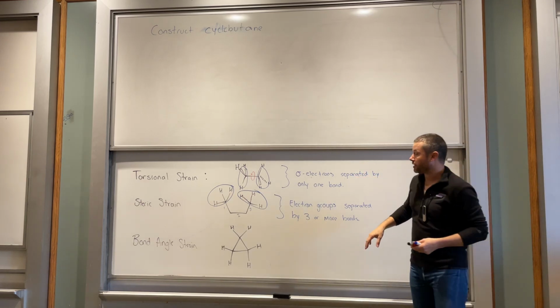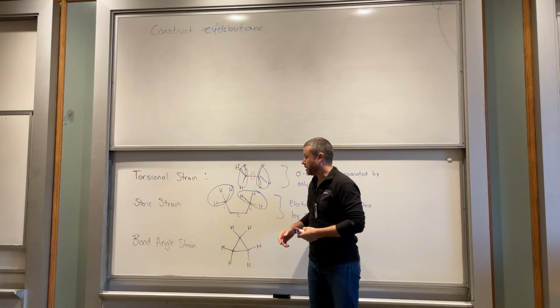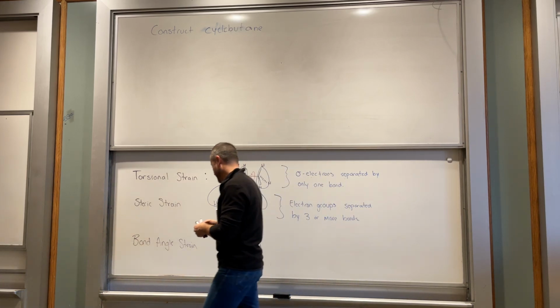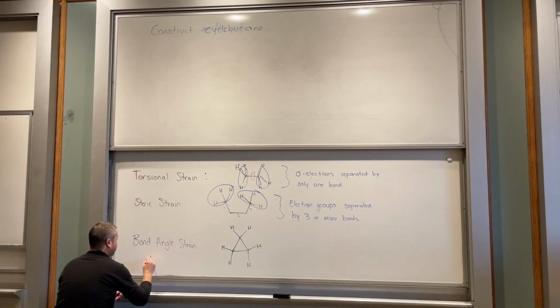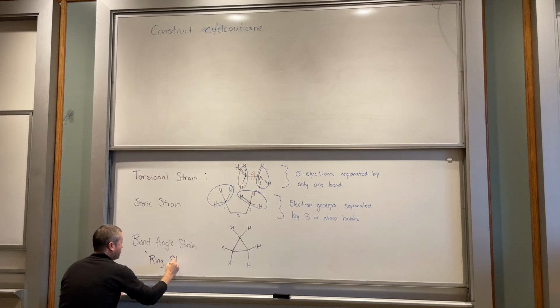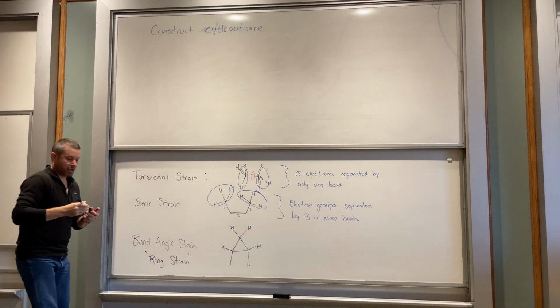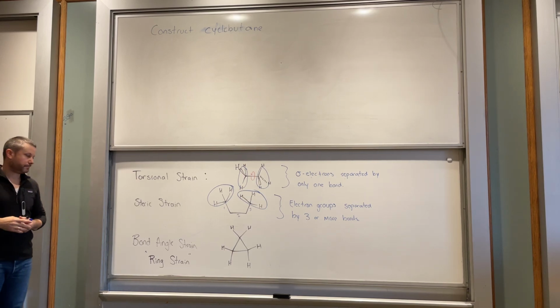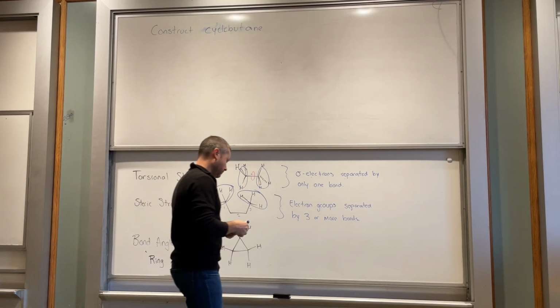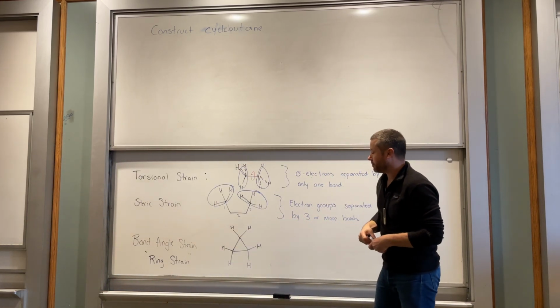Okay, so the third element of strain that we're going to talk about is something called bond angle strain. Sometimes you'll hear it referred to as ring strain, if it's bond angle strain within a ring system. All right, so let's try to define what bond angle strain is.